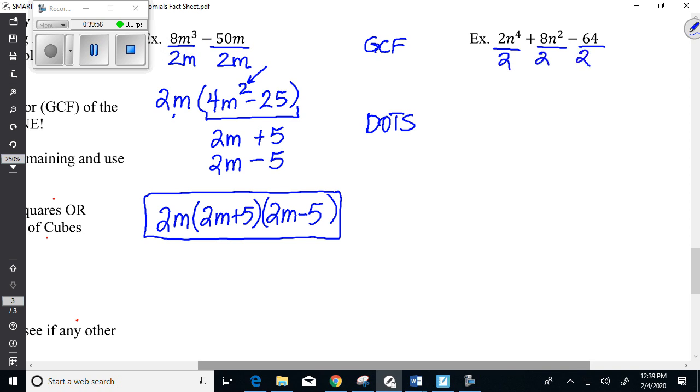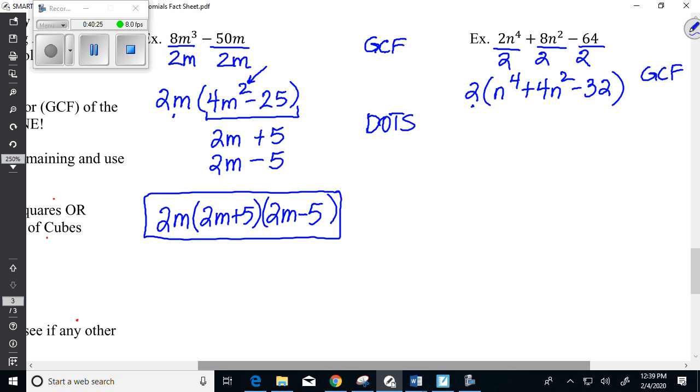However, you can't take out an n because all the terms don't have it. So 2 times the parentheses n to the 4th plus 4n squared minus 32. So notice our first line of defense is greatest common factor. So the 2 is done.